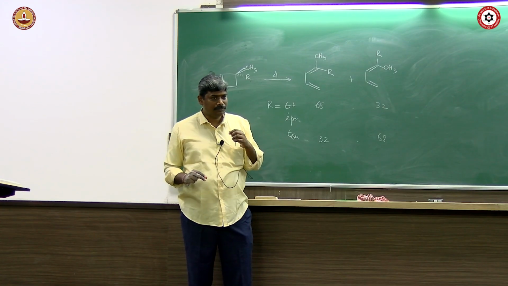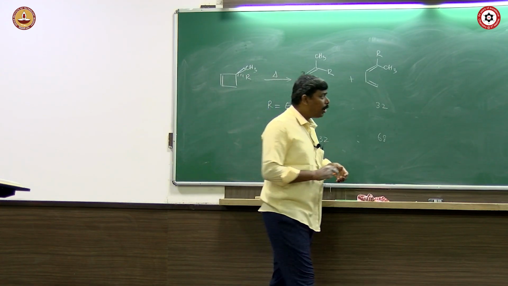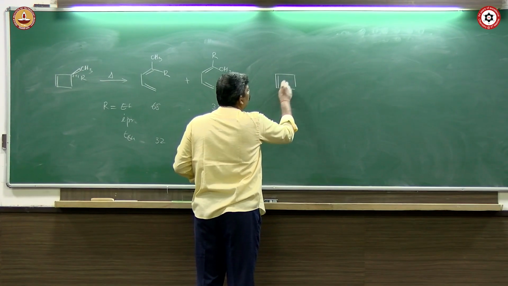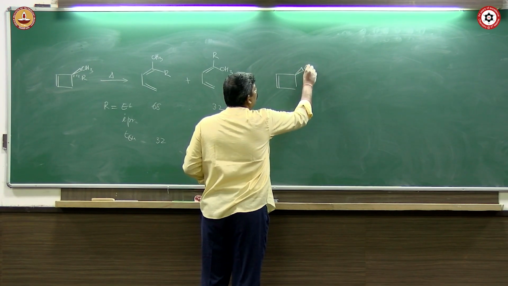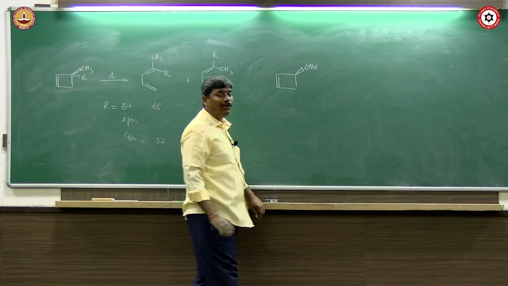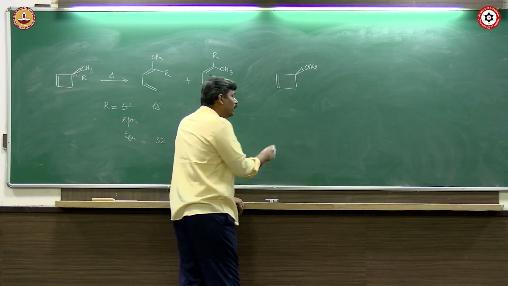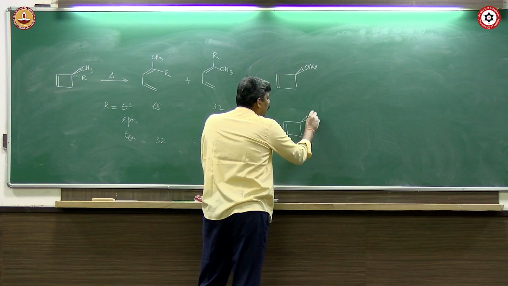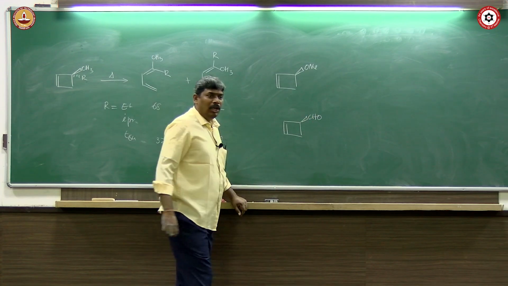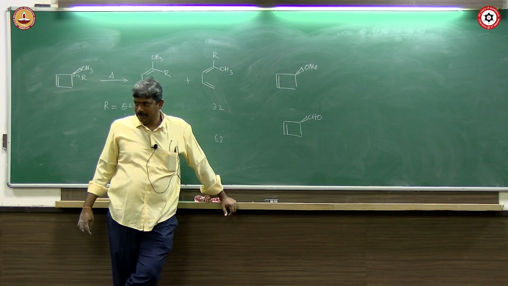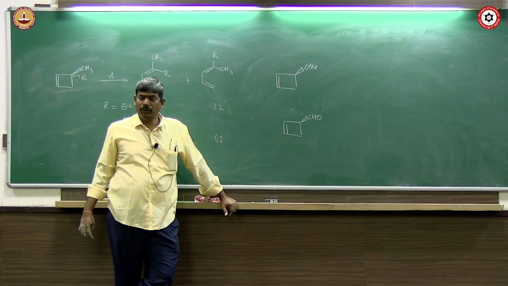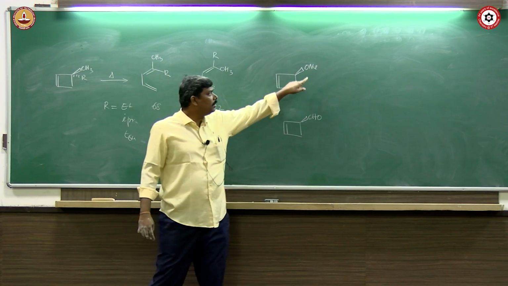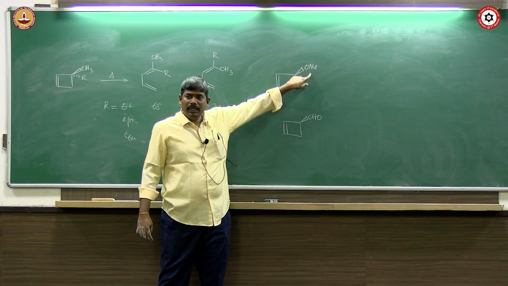However, this is more prominent when you have a substituent that is a mesomerically electron donating group or a mesomerically electron withdrawing group. It could be aldehydes, esters, amides, any of these systems, or you look at an OMe and this kind of system, which is mesomerically electron donating.